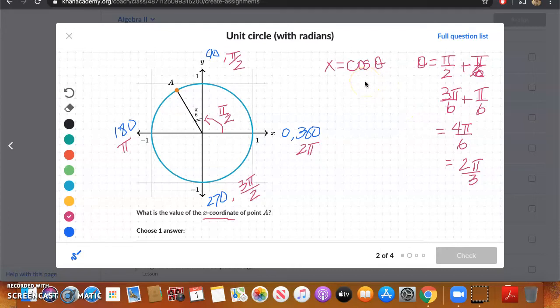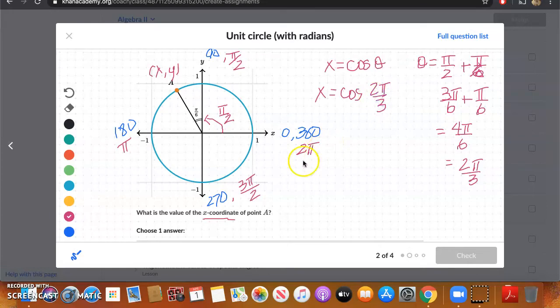Now, we want to find the x-coordinate of A, right? We have an x-coordinate and a y-coordinate, correct? To find the x-coordinate at A, we would have to find the cosine of theta, which we just found out to be 2 pi over 3.